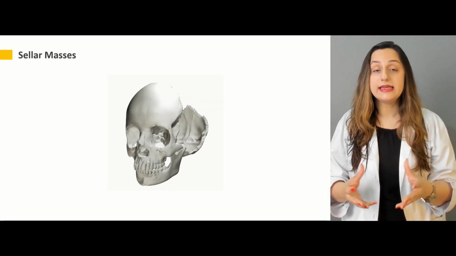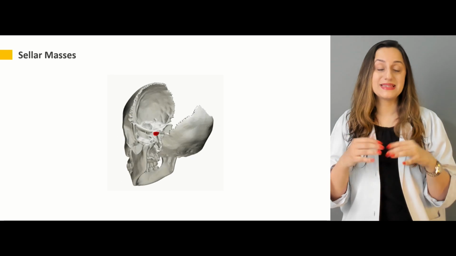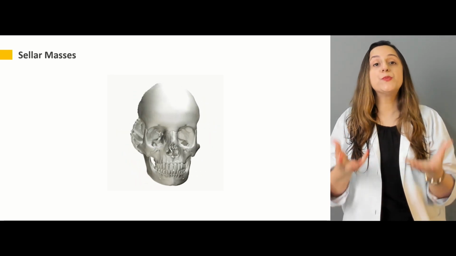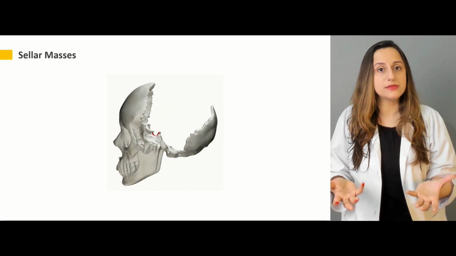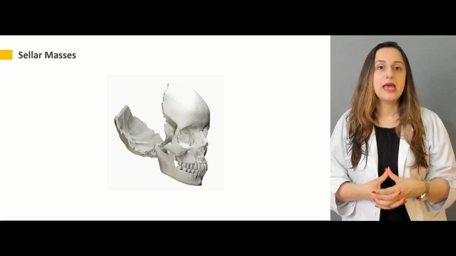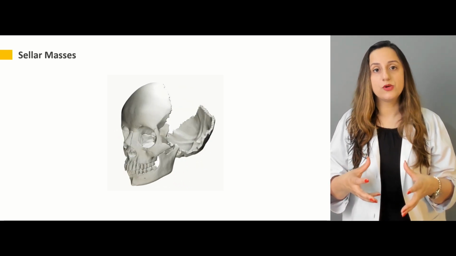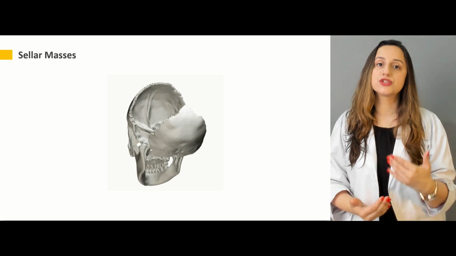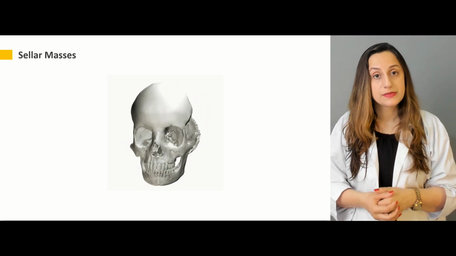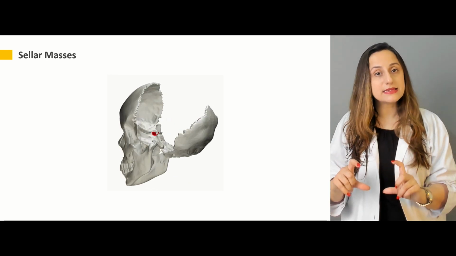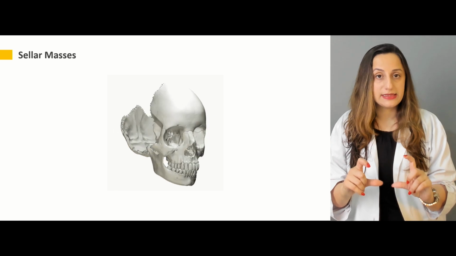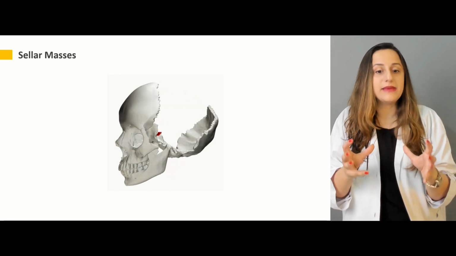The sellar masses can have an indirect action on the suprasellar region, that is, the hypothalamus is even involved. It can be pressure symptoms as well, and all of these regulate the functioning of the hypothalamus and even interfere with it. So the suprasellar region is also affected by these sellar masses that we're going to study.